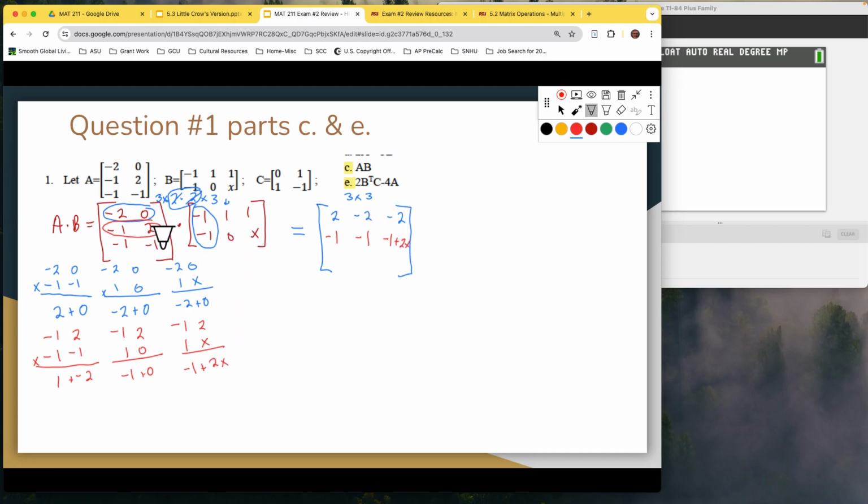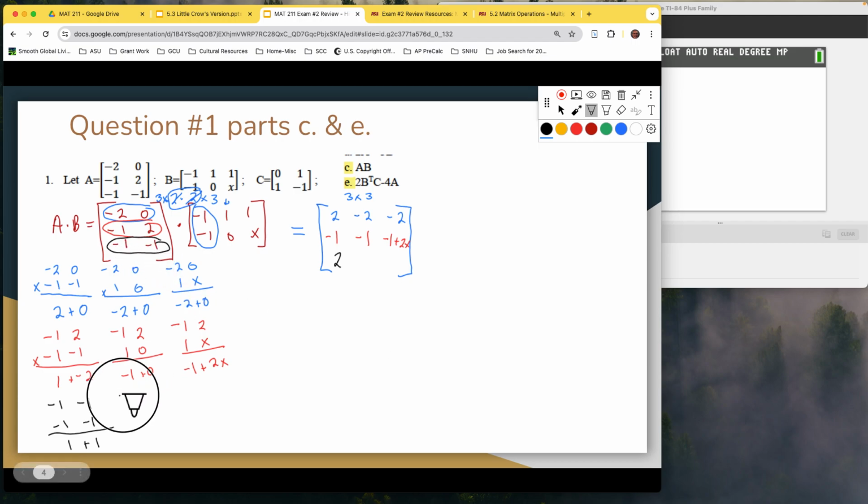And then let's go for a third color. We're going to take this last row times the first column, second column, third column. So -1, -1, that third row times -1, -1 gives us a positive 1, add them together, we get positive 2.